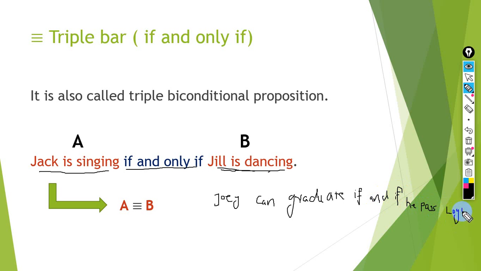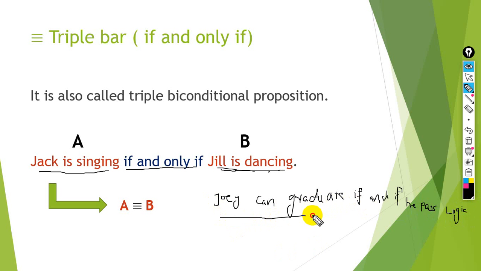So there is no alternative for Joy. Joy must pass logic, then Joy will graduate; otherwise Joy has no option. Okay, so Joy can graduate if and only if he passed logic.